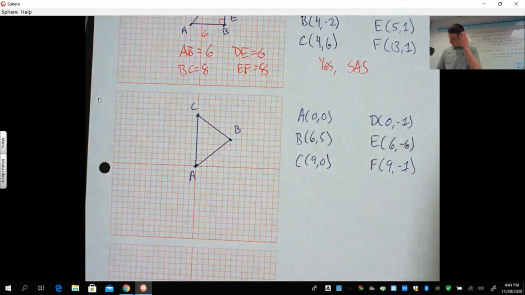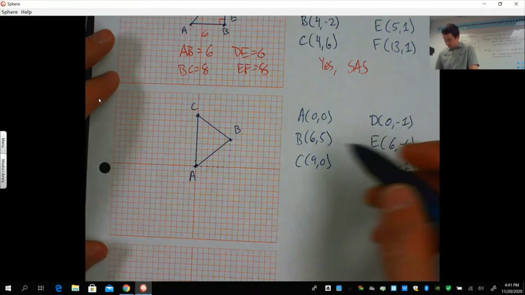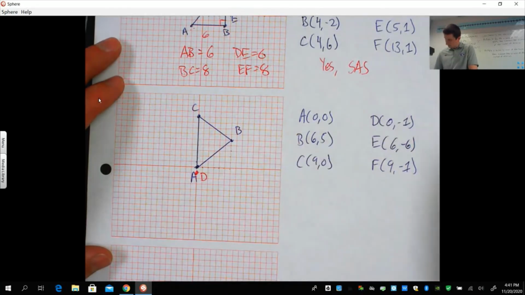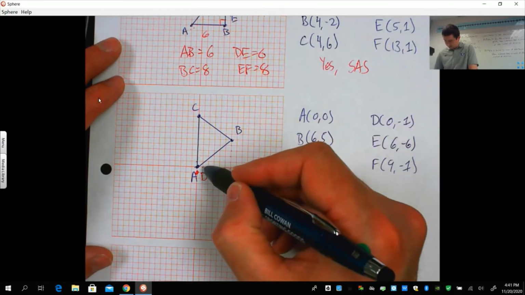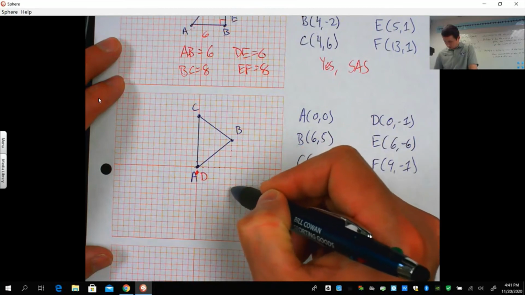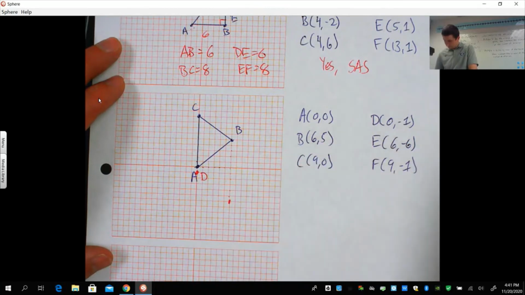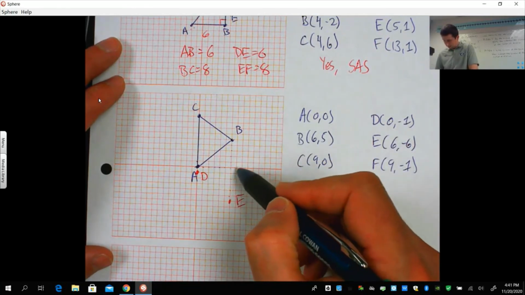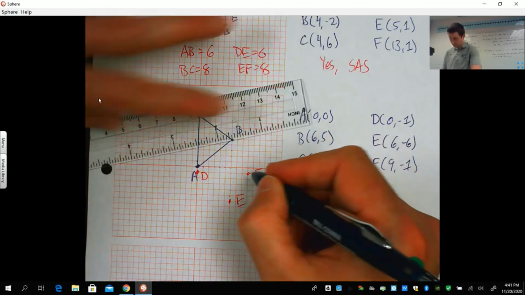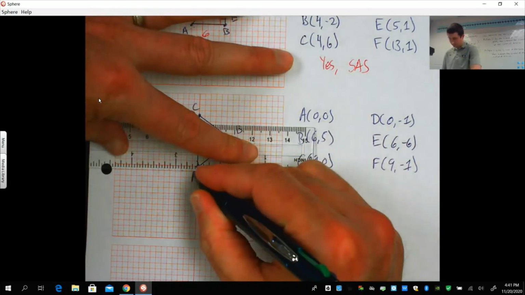Is that congruent to triangle DEF? D is (0, -1), E is (6, -6), and F is (9, -1). Looks like they could be rotations a little bit of each other.